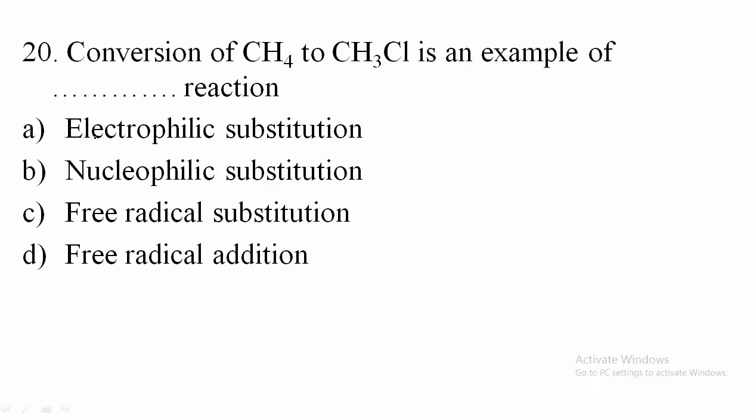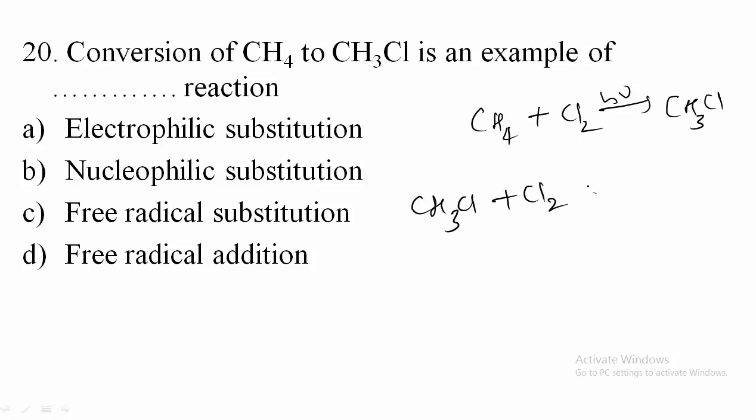20th, conversion of CH4 to CH3Cl is an example of? Methane to methyl chloride. You have studied one mechanism: CH4, when treated with Cl2 in presence of light, gives CH3Cl. Again, when CH3Cl is treated with chlorine in presence of hv, you get CH2Cl2.